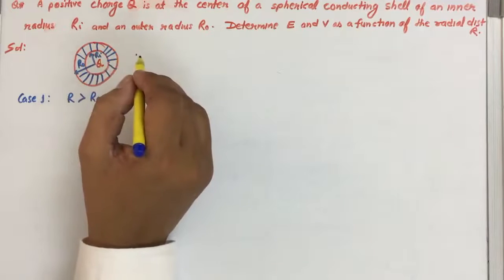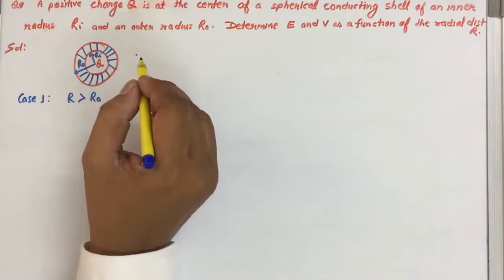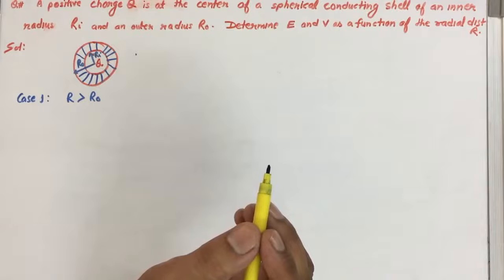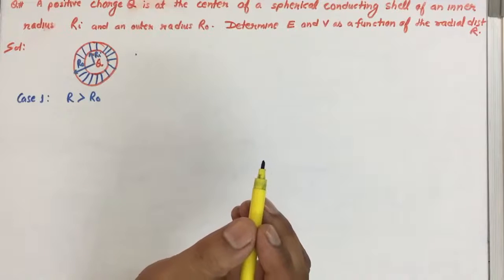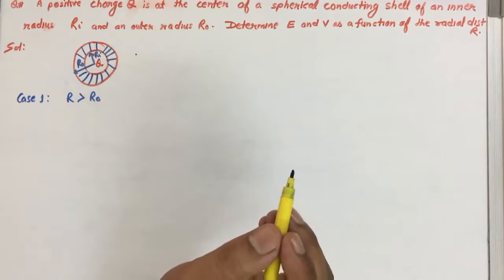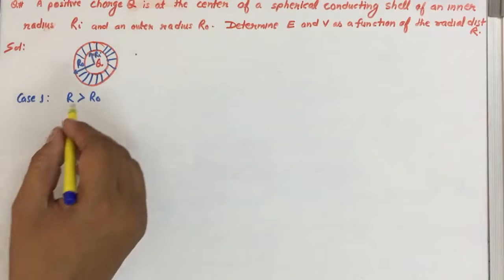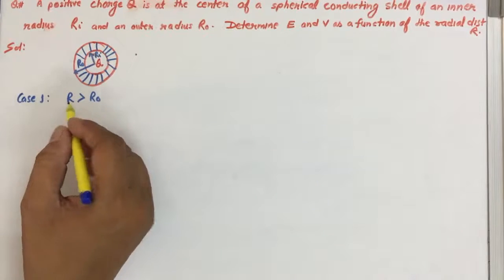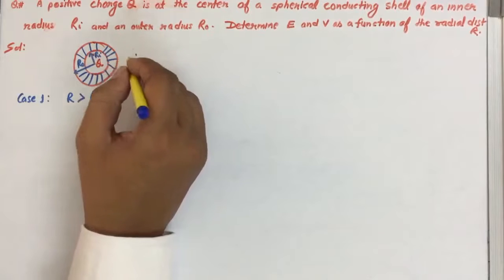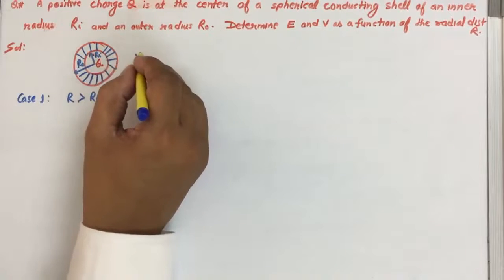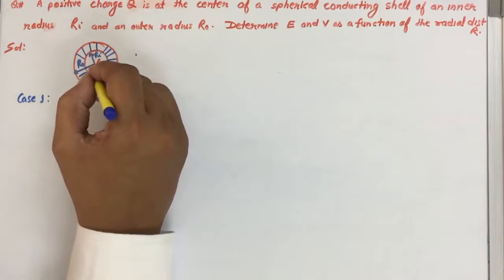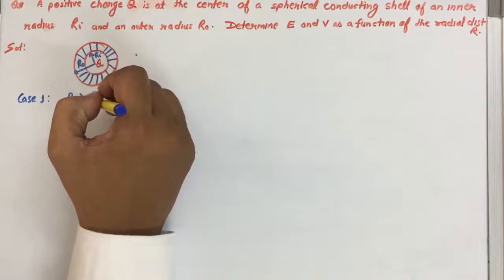So in these three cases, we have to find the function of E and V with respect to the radial distance. So consider case 1, when the radius of the point of interest is outside of the shell, that is more than r naught.